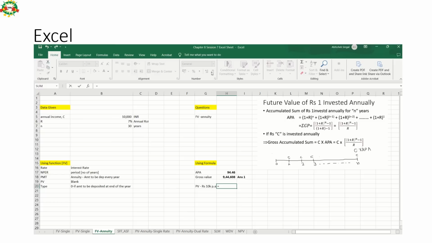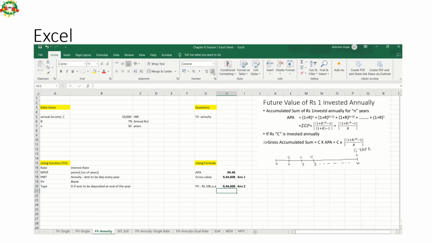So C, the annual amount, multiplied by bracket 1 plus R bracket close raised to power number of years, bracket close minus 1, bracket close, and then divide by R. So again we got the same amount. This is answer 2. Correct.